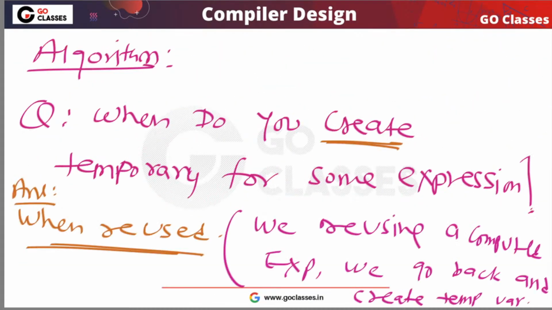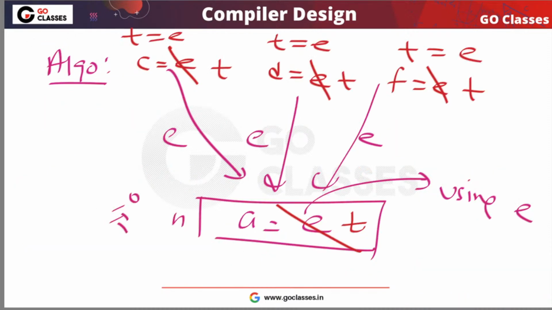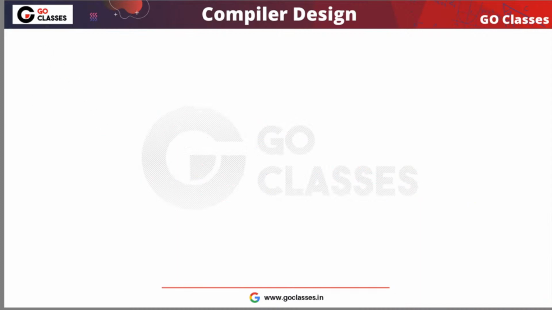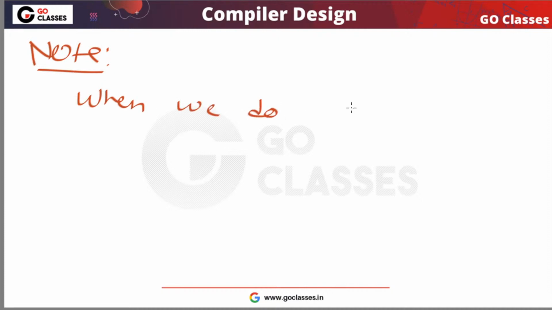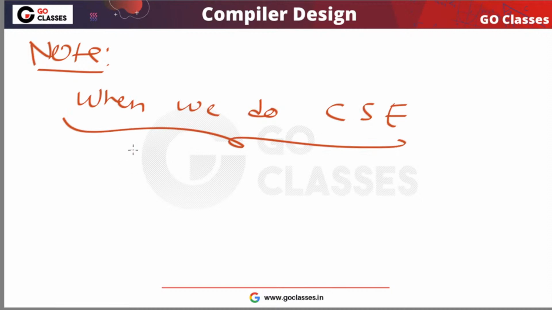So this question you can notice: when do we create a new variable? When we create a temporary variable for some expression, when we are reusing it. Because remember, when we do common subexpression elimination, what will happen?